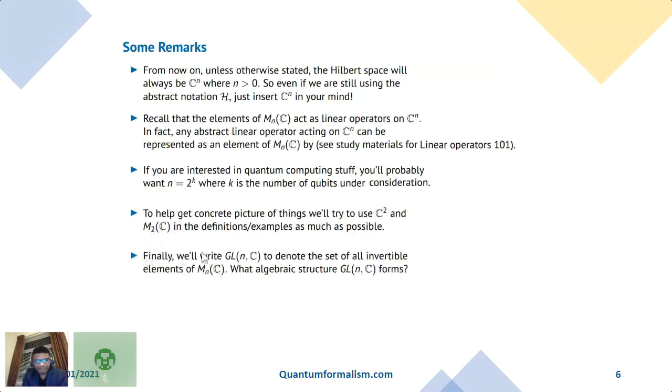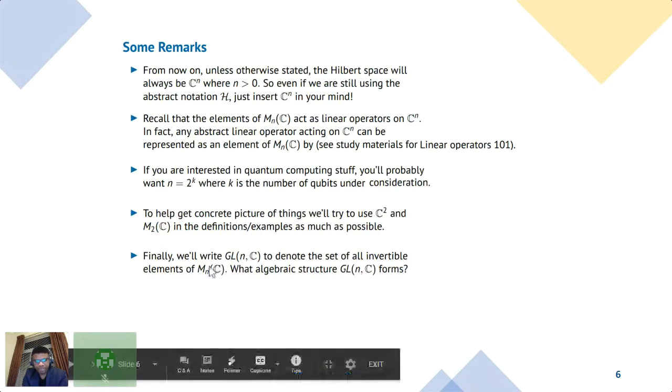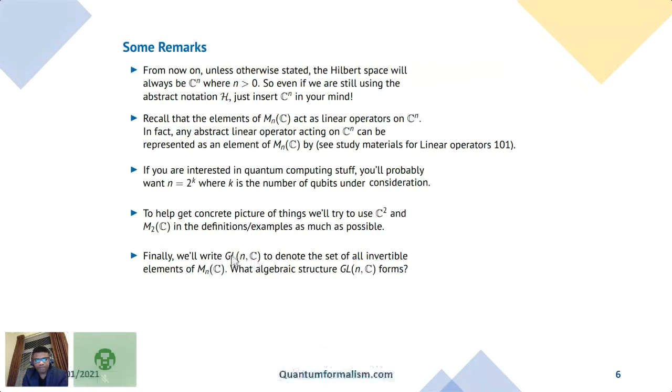Okay. And finally, do you remember this? The general linear group, which is the group of all invertible matrices, elements of Mn of C. Whenever you see me saying that a matrix or operator belongs to this, I'm just saving myself having to say it, because over the next coming sessions, we will often deal with invertible matrices.